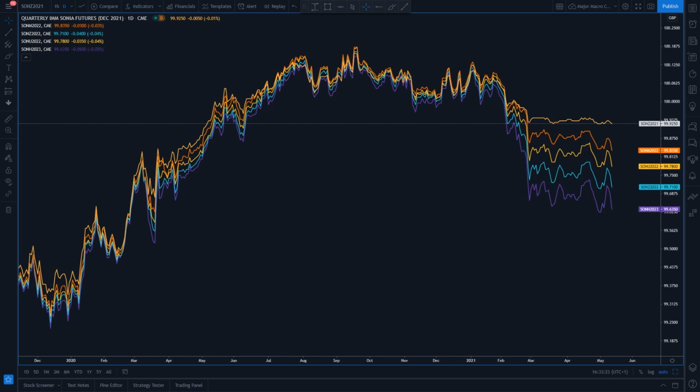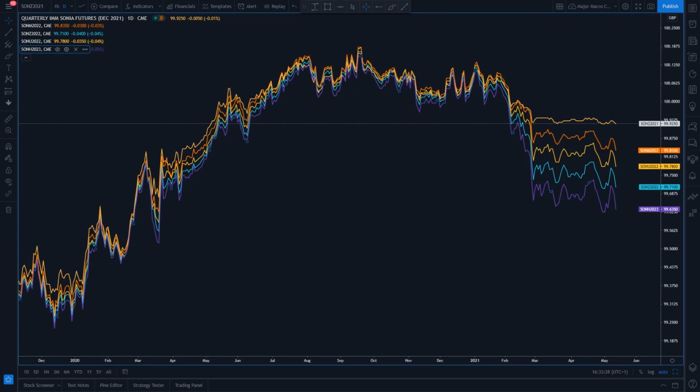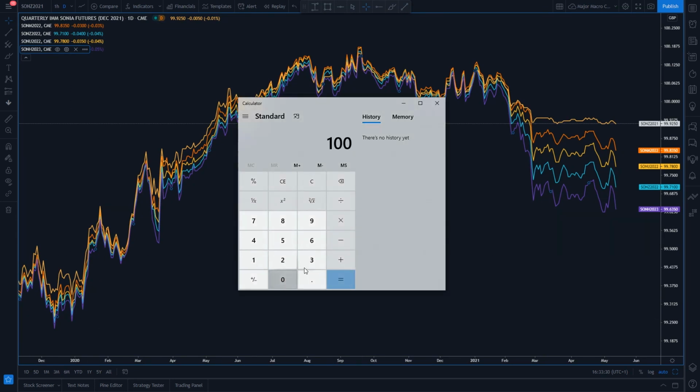So if we get our calculator out for a second, we basically just take 100 and subtract the contract price, 99.835 at the moment. That gives you 16 basis points, or an implied MPC cash rate at the time of 0.16%.